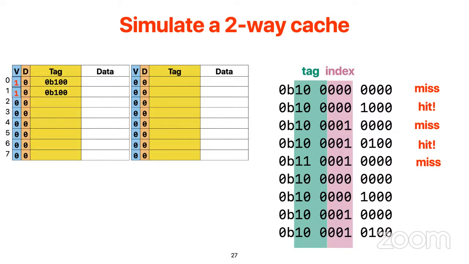However, this time when we go to index 1, although there is something called 100 here, what we are looking for is 110. So it's still a miss. In the meantime, don't forget to bring 110 into your cache. If you keep iterating, you will figure out that the rest of them are hits.